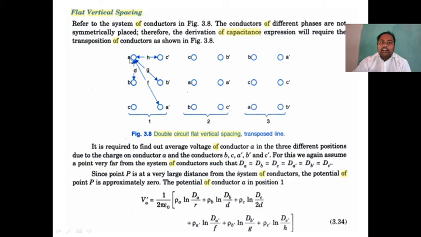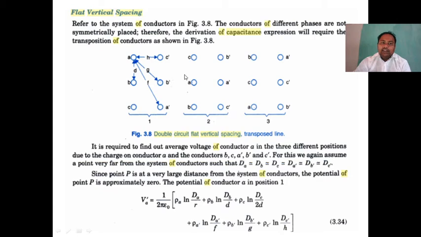So conductor A in stage 1 is in the first position, then second position, then third position. Conductor B is in the second position, next stage third position, next stage first position. In a similar manner for A dash, B dash, C dash from the bottom side: A dash in third position, next second position, next first position.